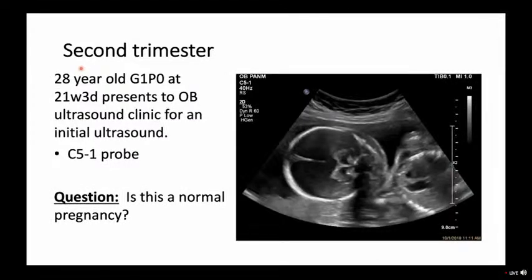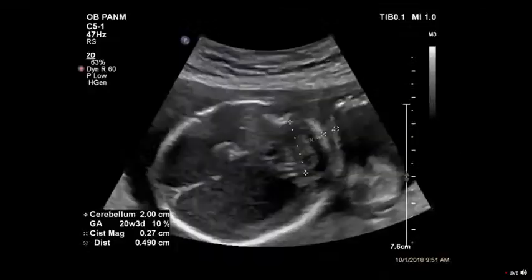What do we think about picture 1? Normal? Not normal? So definitely not normal. Yes, good answer. I think you can see a significant amount of fluid in this fetal head, and some investigation is warranted.